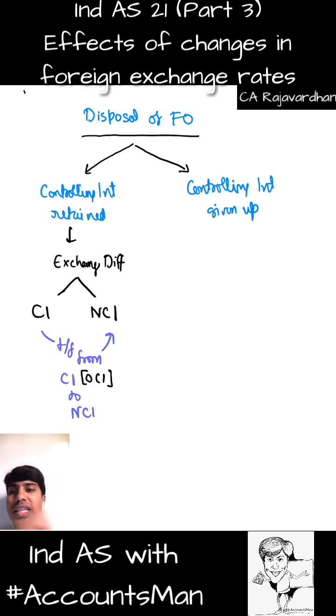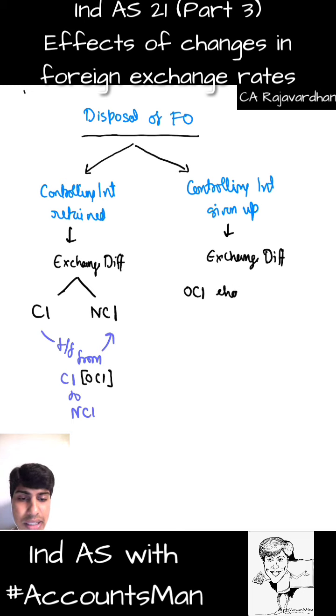However, if the controlling interest is given up, then what will I do? What will be the treatment of exchange difference? I have given up the control. Then there is no point of discussion about controlling and non-controlling interest now. Why? Because there is nothing called controlling interest because I don't hold the control on it anymore. So previously this exchange difference would have been in my OCI.